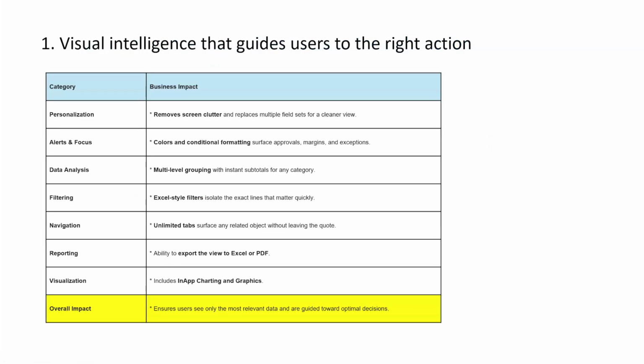Within a quote, there are many possibilities, and there are many users who have been asking us for capabilities such as the ones that you see over here, such as personalization or being able to focus exactly on, let's say, what needs to be approved, or being able to filter easily. So let me go ahead and actually show it to you because it'll make more sense.